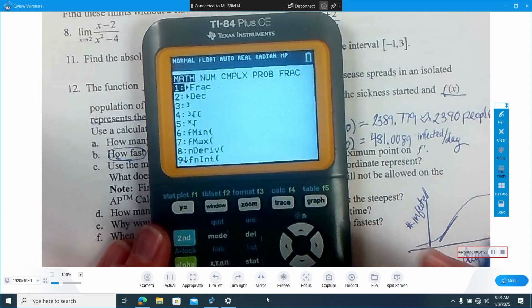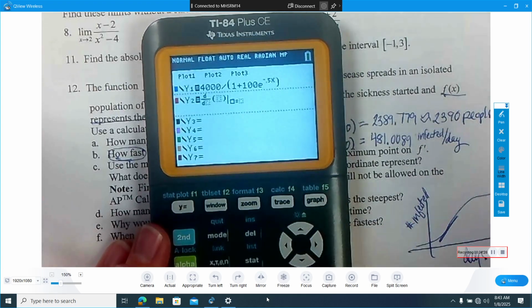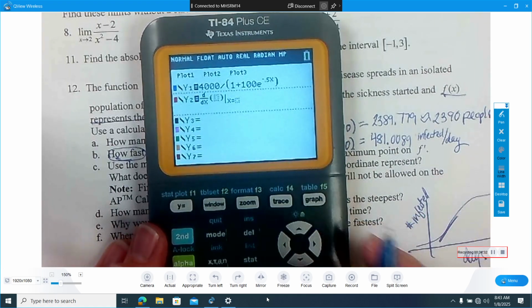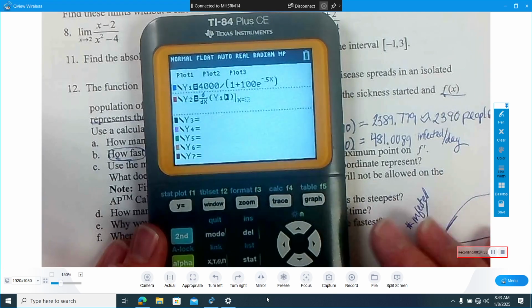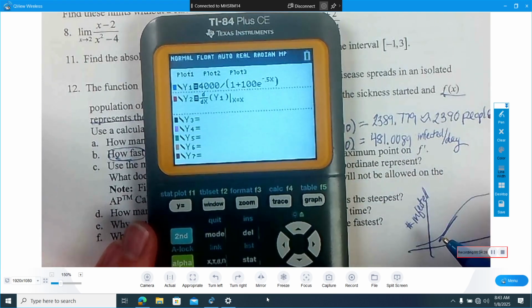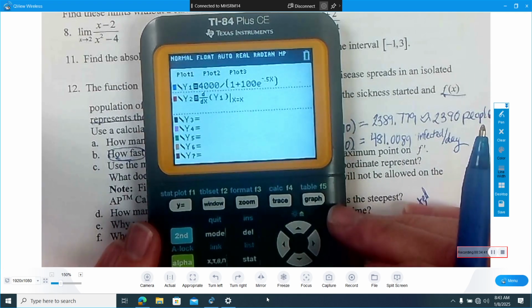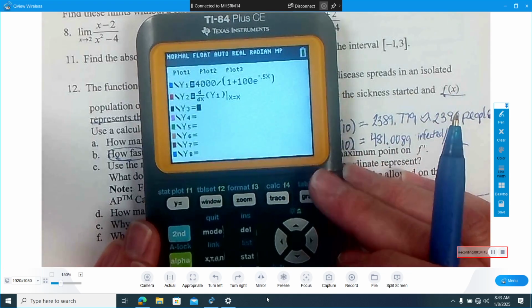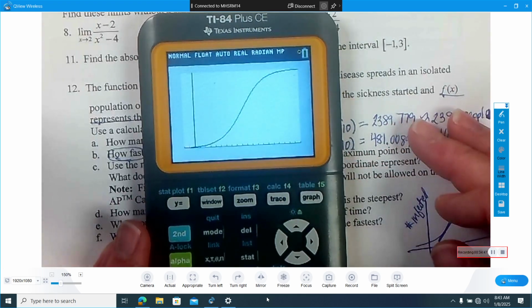So I'm going to go ahead and do math 8 and graph the derivative. So we want the derivative with respect to x of y1. And we're going to do that for every single x value. This takes a while to graph, but it'll show us that, and then we can use it to find the maximum.